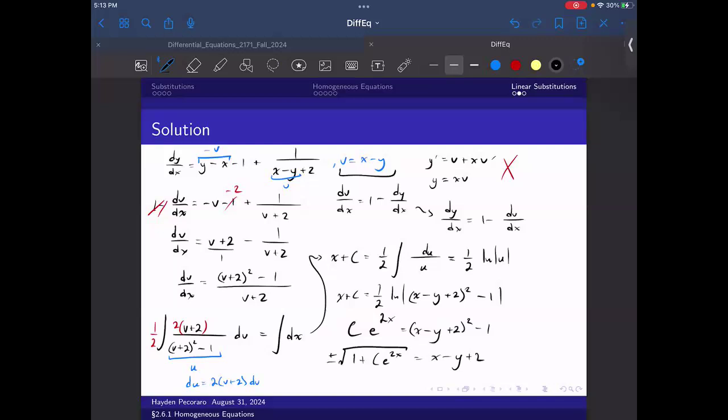And finally, add y to both sides and subtract that. So we have y equals x plus 2 minus or plus the square root of 1 plus c e to the 2x. There's our general solution.